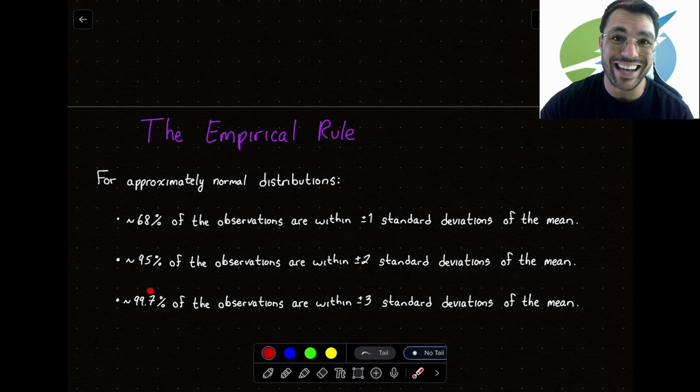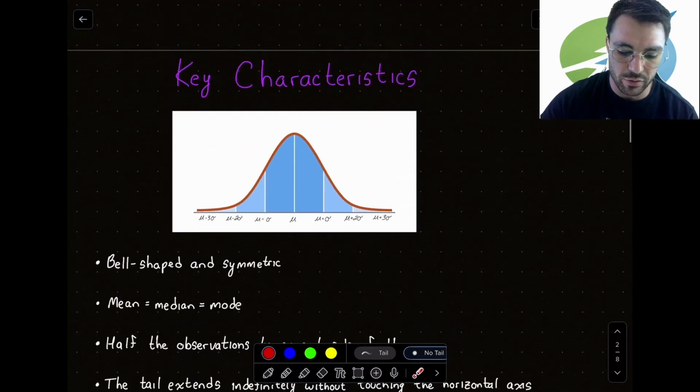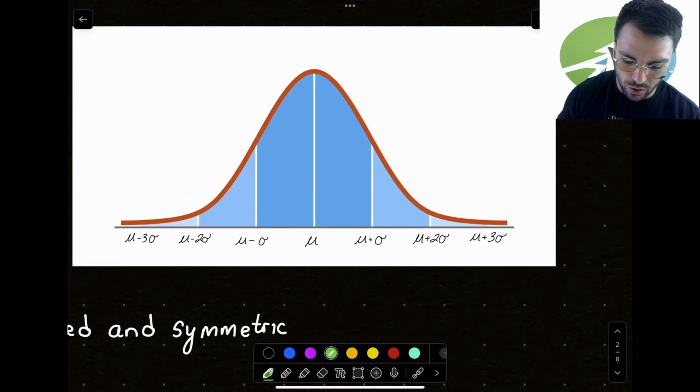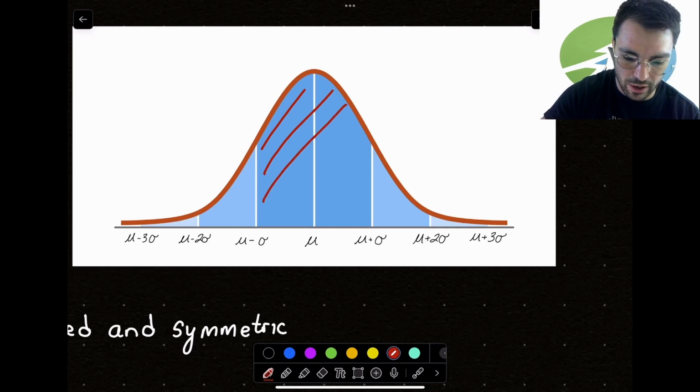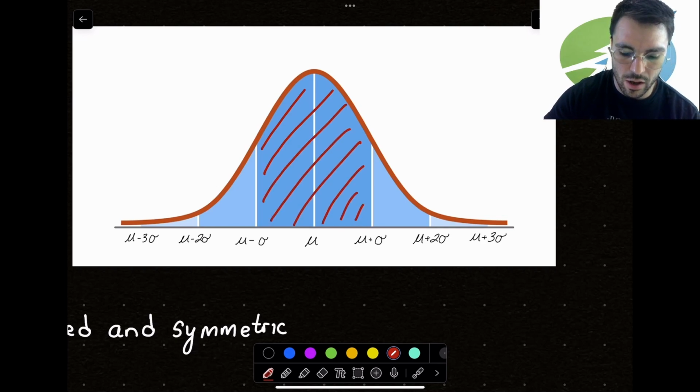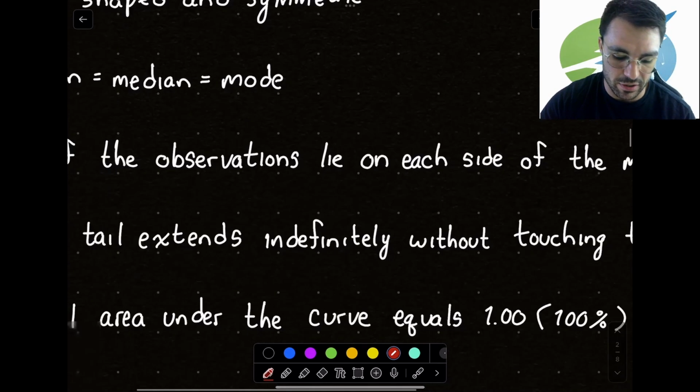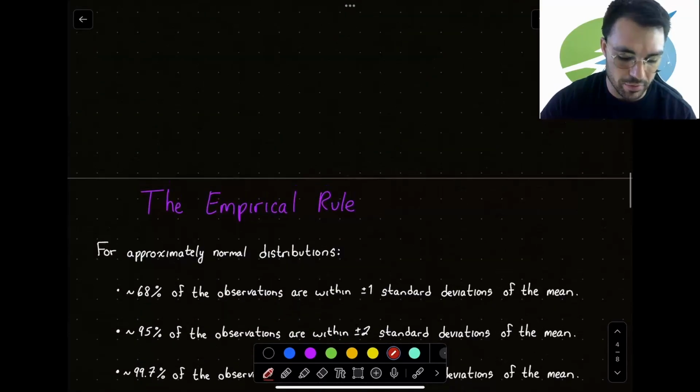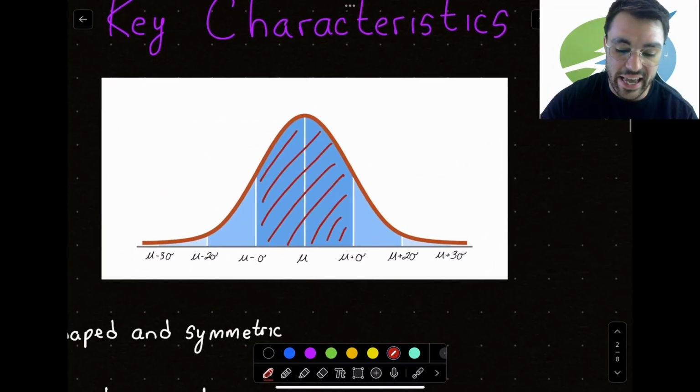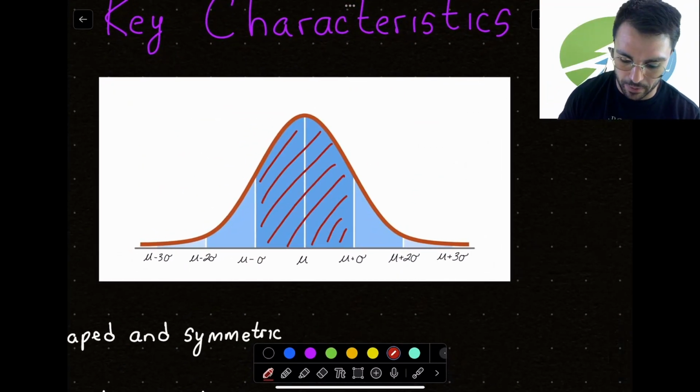And approximately 99.7% of observations are within plus or minus 3 standard deviations of the mean. What does that mean? Going back to our example here, within this window right here, about 68% of the data will exist in here, in the red there.